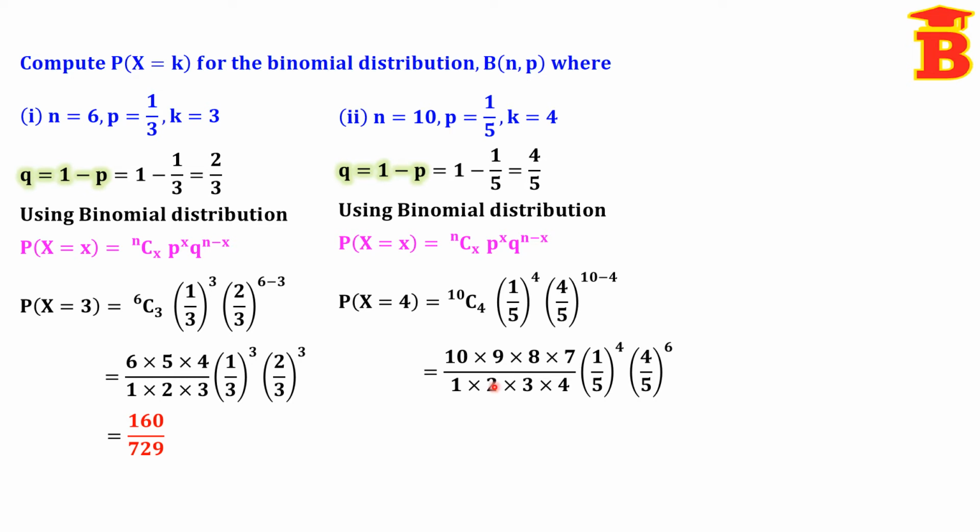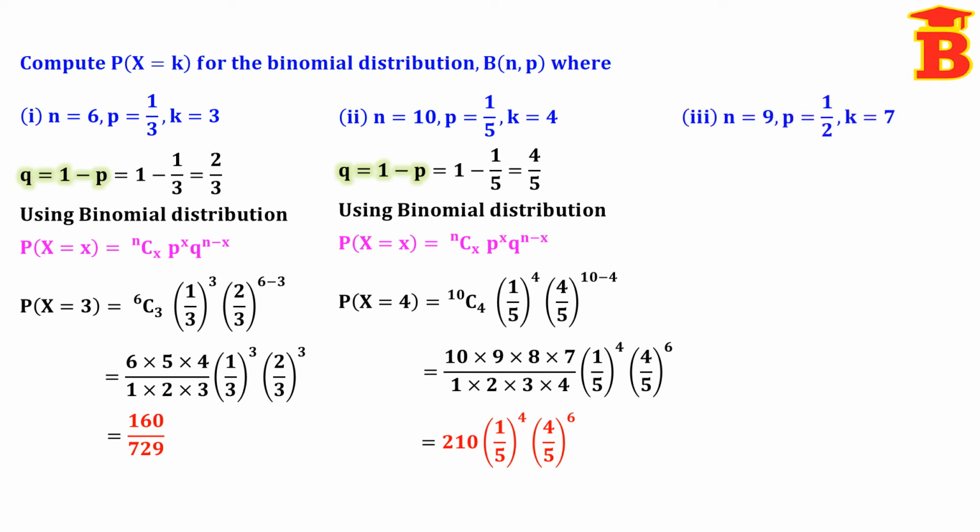Here this 2 and 4 we can cancel with 8. And this 9 and 3 cancel 3 times. 3 into 7, 21. 21 into 10, 210. Into the remaining two brackets, we can keep it as it is. This is the answer.